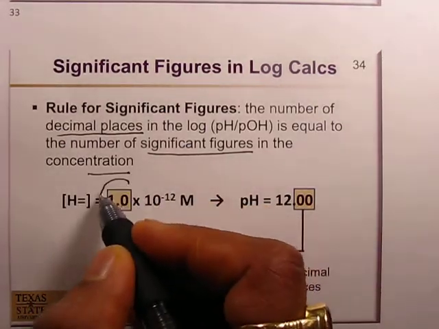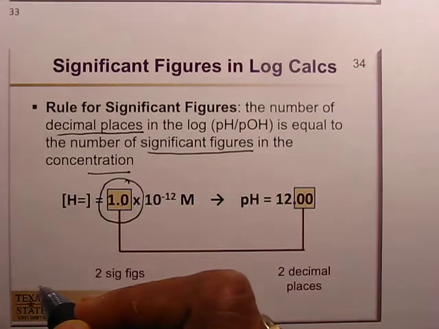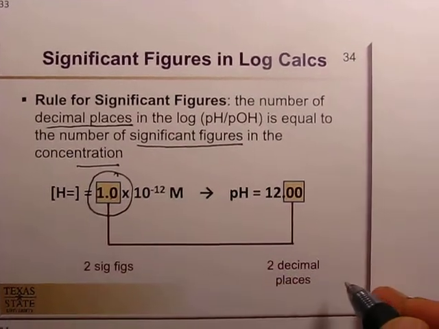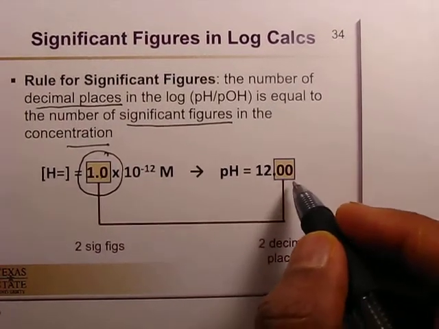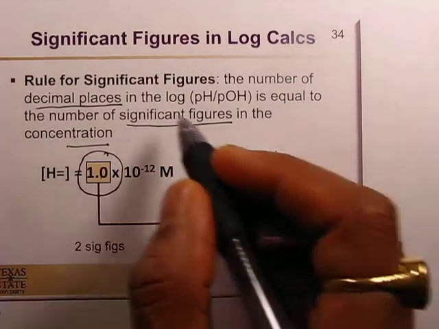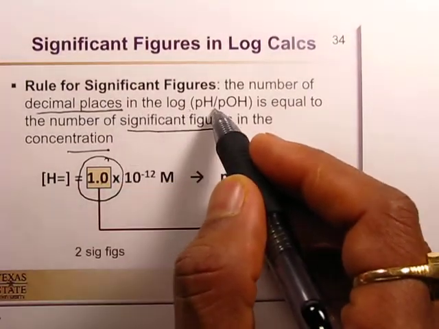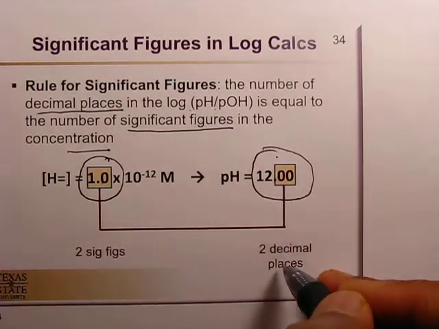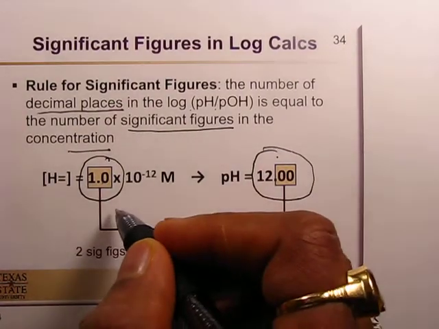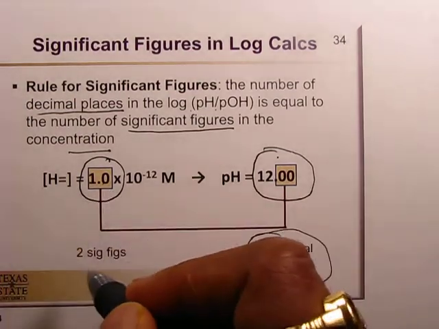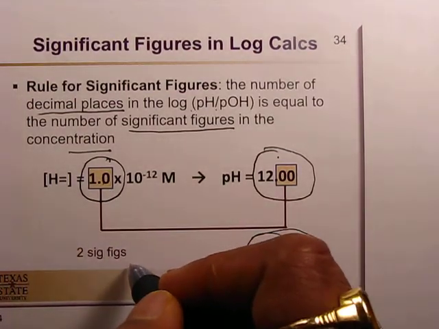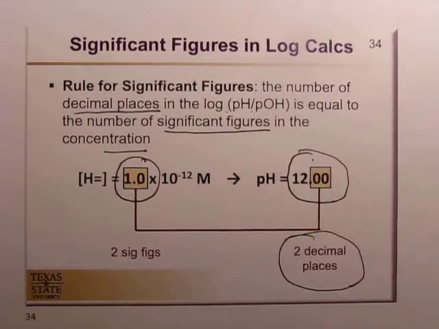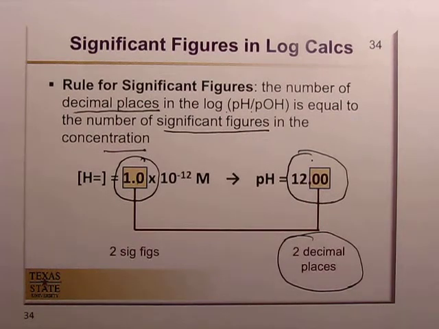So the number of decimal places is here 1, or we have 2 significant figures. So if the pH value is written in 2 decimal places, we have to write the hydrogen ion concentration in 2 significant figures, with 1 decimal point also. So this is the math for the log.